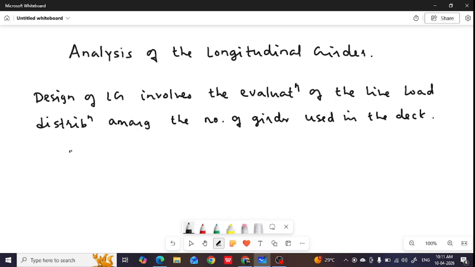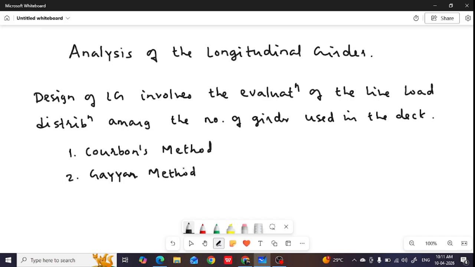Number one is Corbin's method. Number two is Guyon-Maisonnet method. And the third one is Henry-Jaeger method.